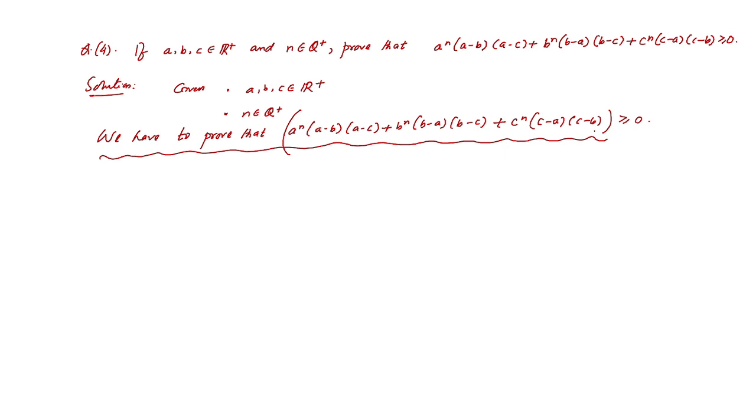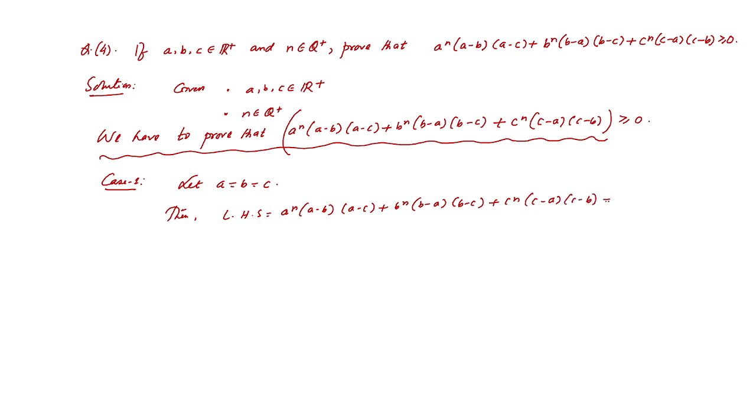So how will we start the problem? We'll start by using different cases. First, case 1. Here a, b, c are positive real numbers. There may be one case where a, b, c are all equal. So let a equal b equal c. In that case, the left hand side of the given expression, that means a to the power n into (a minus b)(a minus c) plus b to the power n into (b minus a)(b minus c) plus c to the power n (c minus a)(c minus b), that value will be 0.